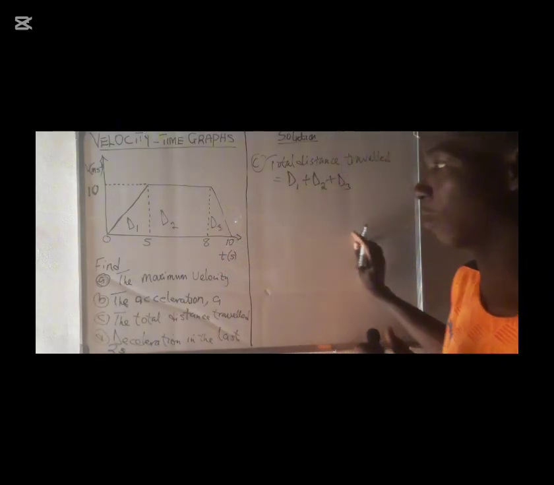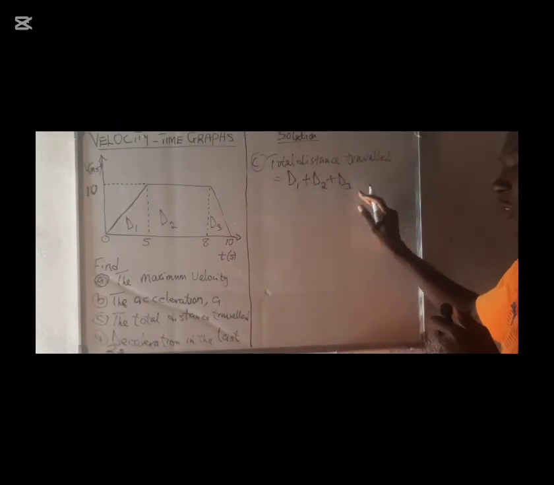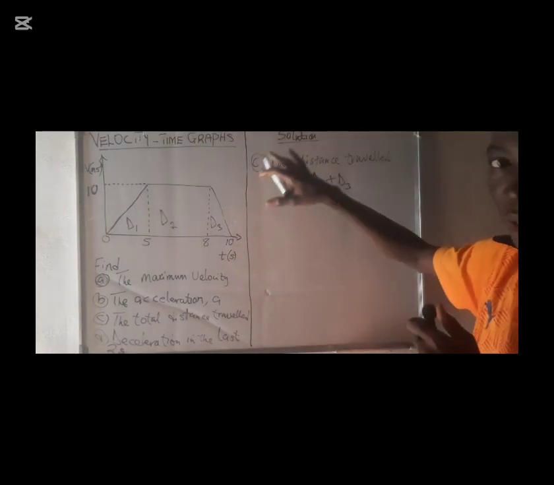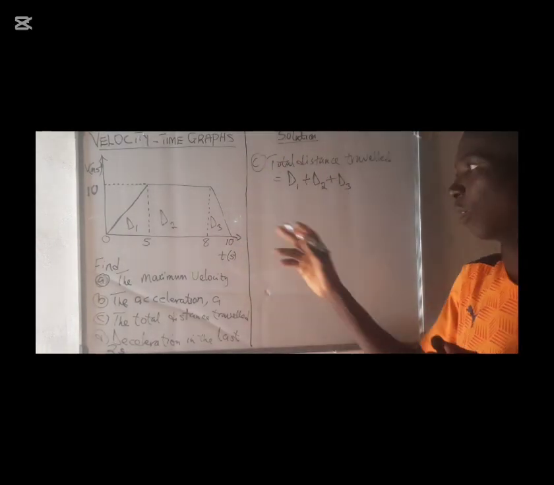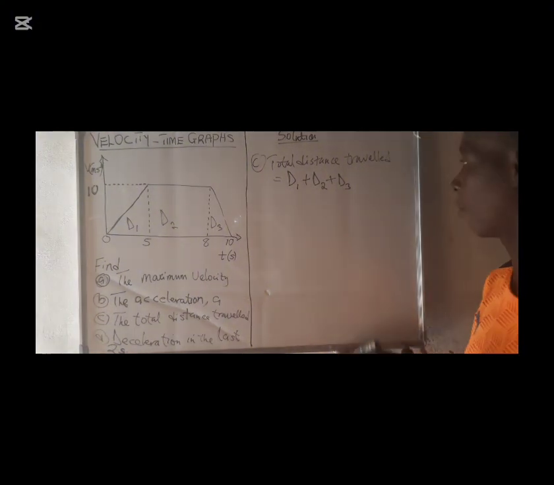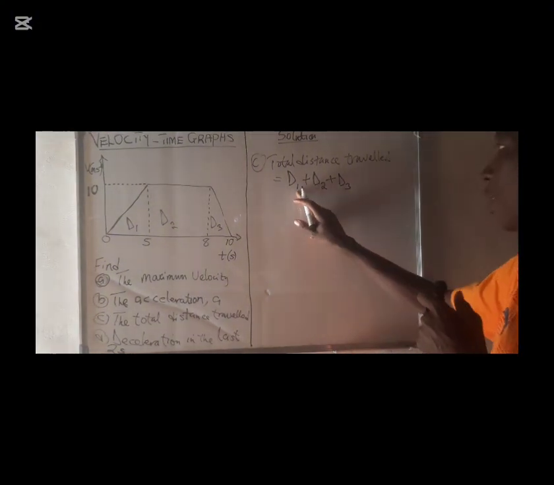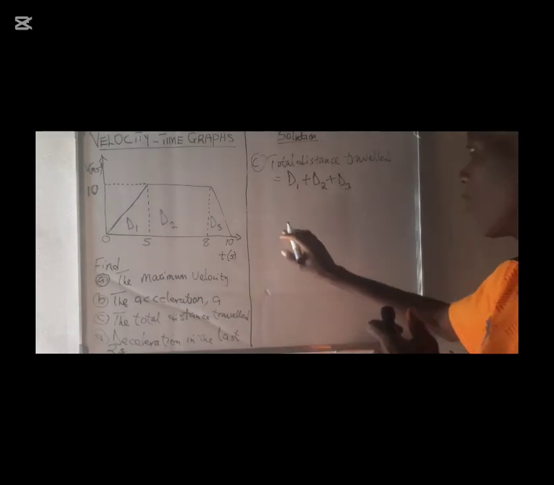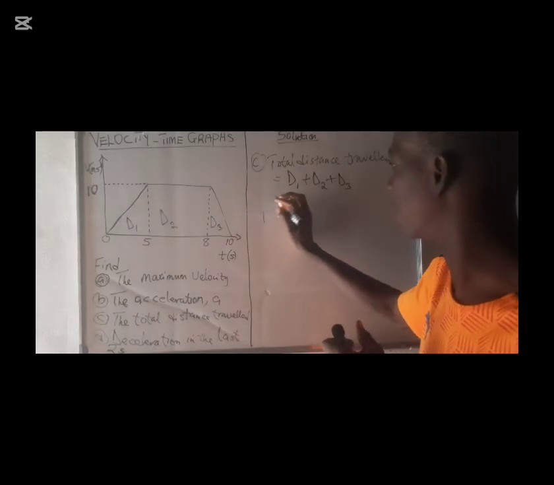If you are given another figure or area, we are going to say d4. We are only given three figures here, so that will be d1, d2, and d3. Now we first find d1, the first distance traveled.